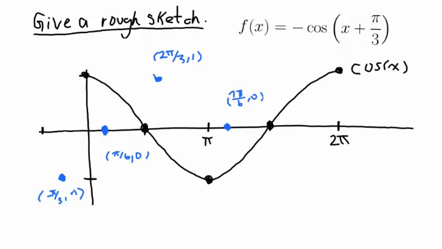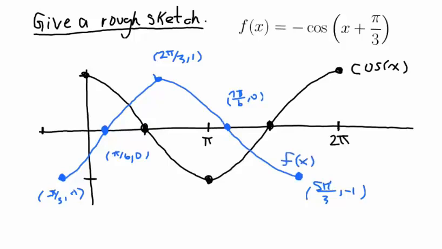So this is maybe somewhere over here. And we just want to connect all of these together with a nice, smooth, cosine-like curve. And we'll label that as f of x, and there's a rough sketch of negative cosine of x plus pi by 3.